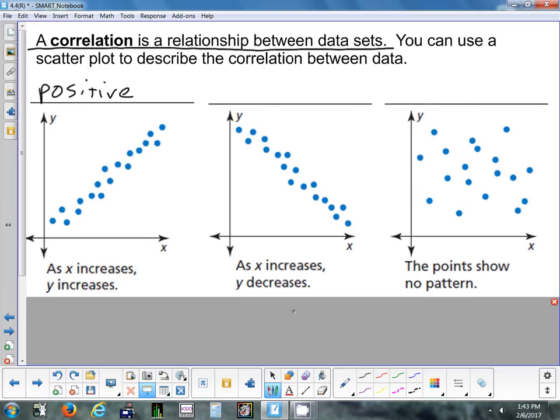How about the next one? That's a negative correlation. Okay, I'm just going to abbreviate correlations, COR. And what do you think this last one is? Yeah, there's no correlation here.